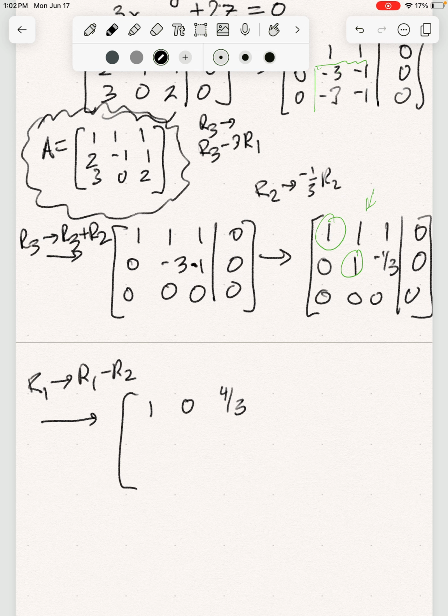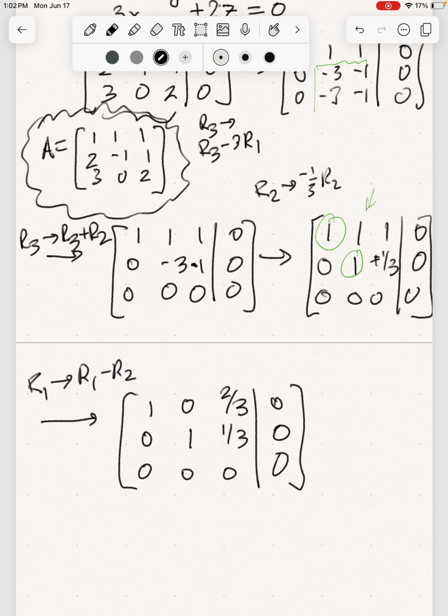So I'm going to get a +1/3 here. So I'm going to get 1 minus 1/3, and that's going to be 2/3. And then 0, 1, 1/3, 0, 0, 0, and then 0, 0, 0. So now this matrix is the RREF of A.